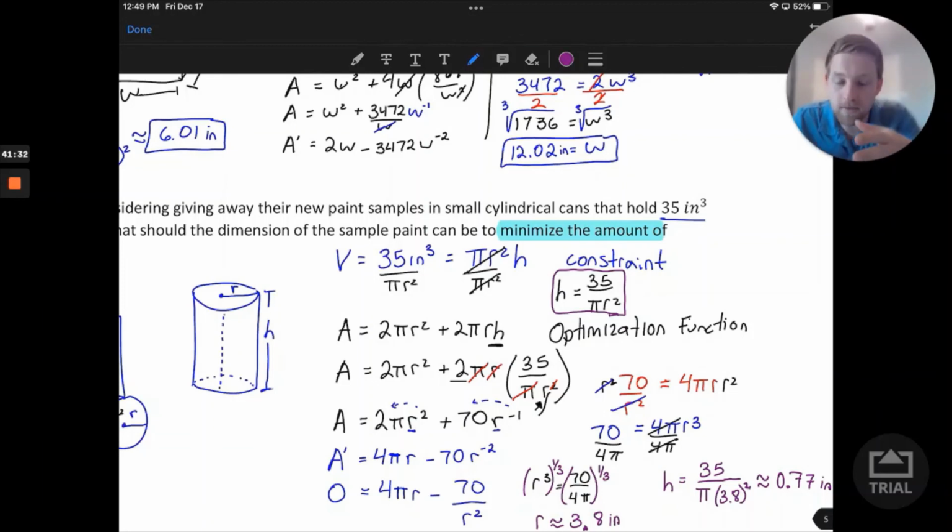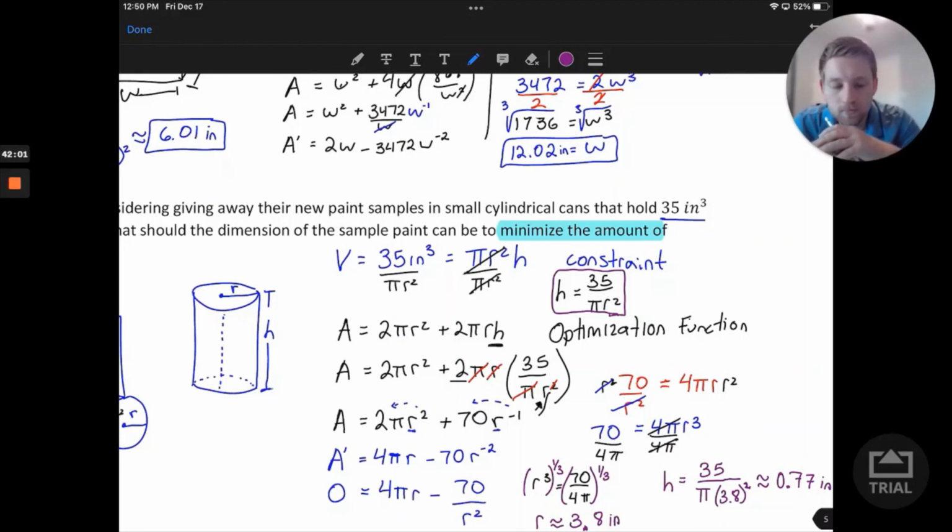It might minimize the amount of materials used, but it might not be helpful in terms of storing. Usually can sizes don't have that relationship between the radius and height, so we'll want to recognize that in this question. But it's an interesting trade-off of minimizing the amount of materials used and maximizing maybe the shelf space that we could have.